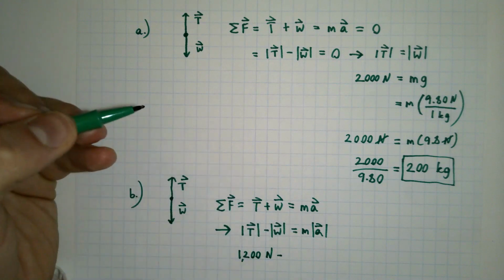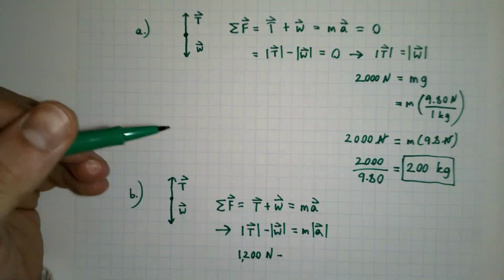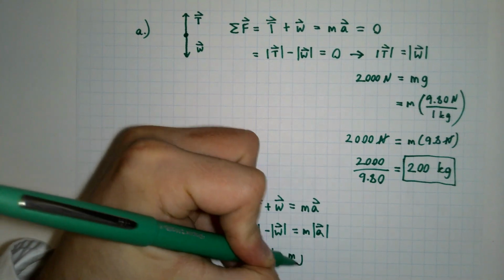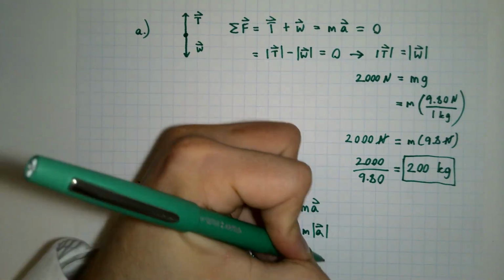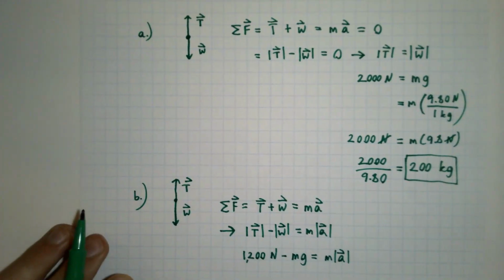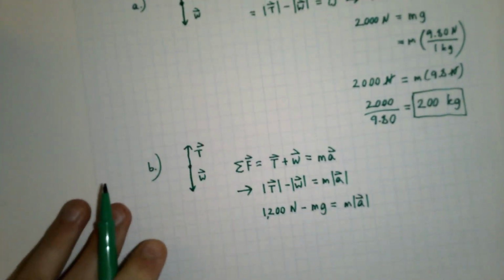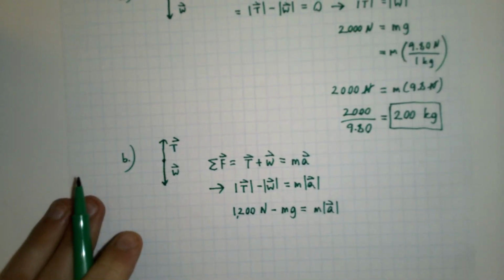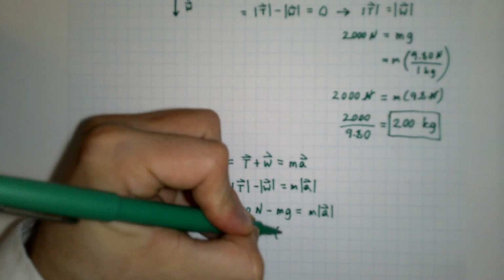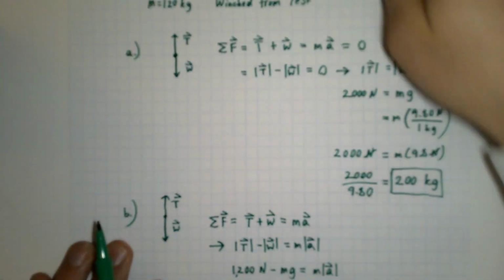The magnitude of the weight force, or the force due to gravity on our objects, is whatever its mass is times gravity at that point in space. We can fill in what our mass is because it's 120 kilograms.